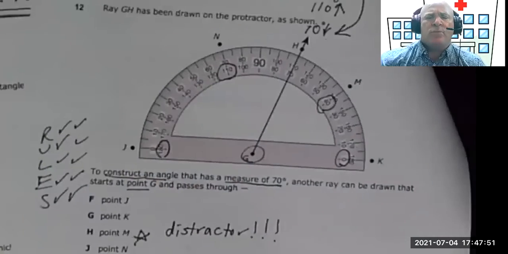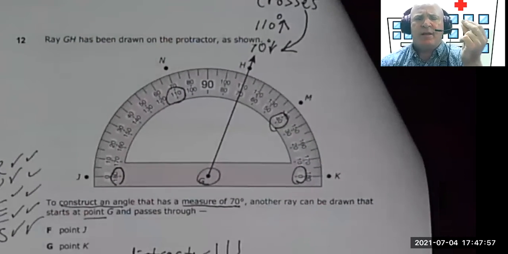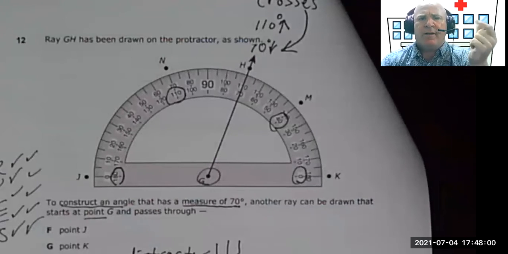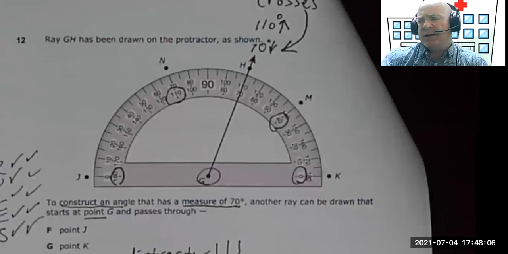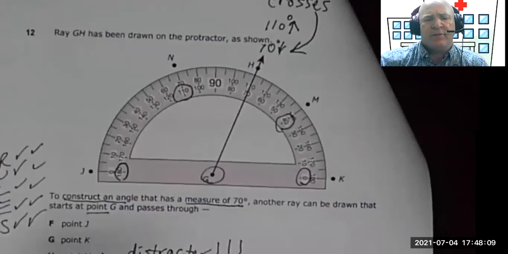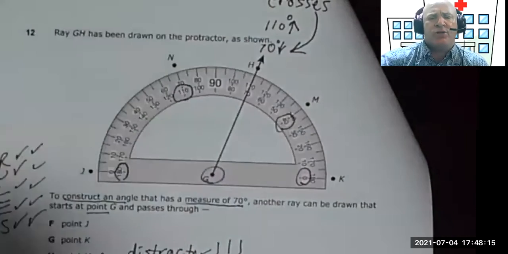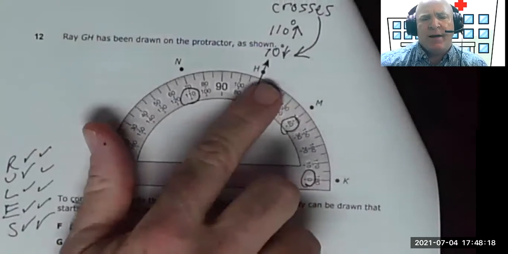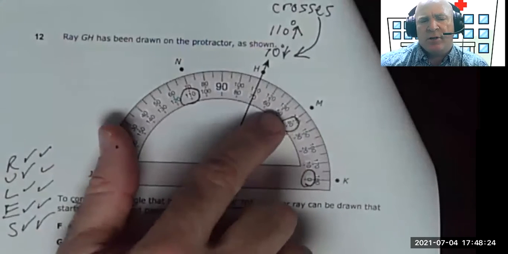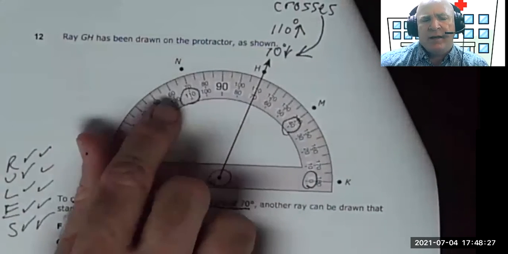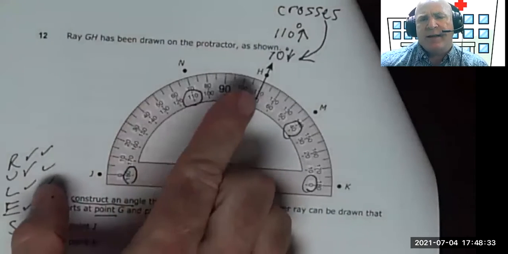So let me show you, when you're checking the measure, what you do is think of this 3-syllable word: difference, you subtract. So we're going to take these 4 letters and find out what their numbers are on the bottom and the top, so that we can check our work. Just like we did for H, it passes through 70 on the bottom of the protractor, going from smaller to larger, from right to left, and from smaller to larger on the top, from left to right.